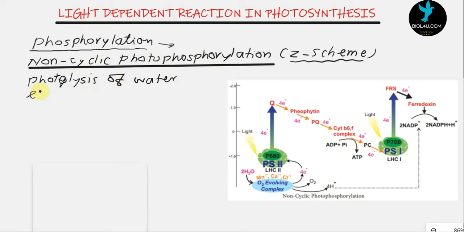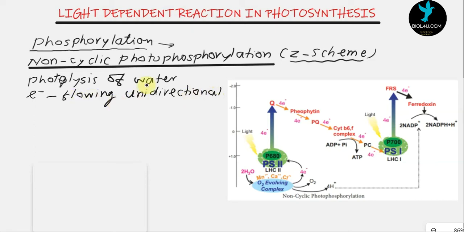So electrons flow in a unidirectional manner. That means the electrons expelled cannot come back into chlorophyll A. So it is a unidirectional flow of electrons from the water.